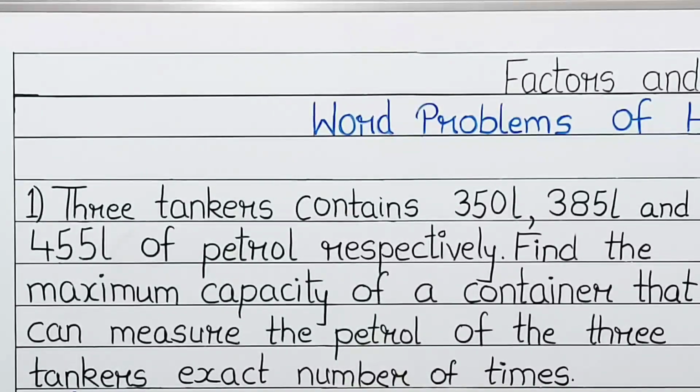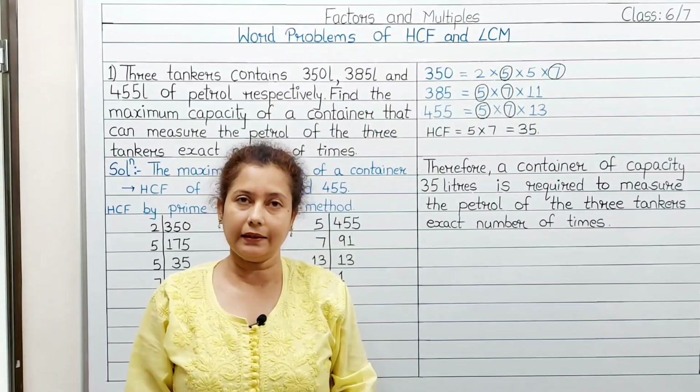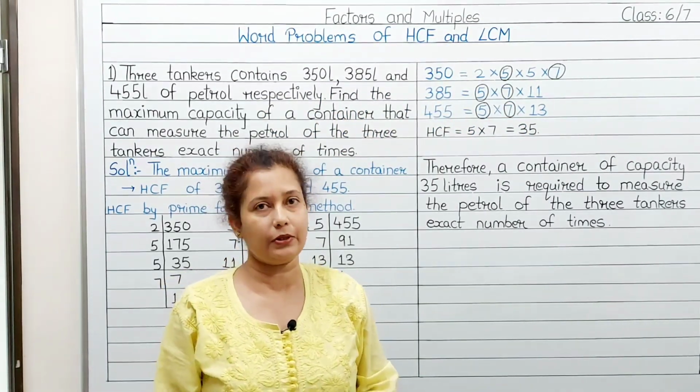3 tankers contain 350 liters, 385 liters and 455 liters of petrol respectively. Find the maximum capacity of a container that can measure the petrol of the 3 tankers exact number of times. In this sum, the quantity of petrol in 3 tankers is given to us.